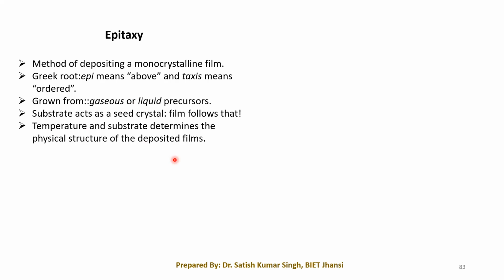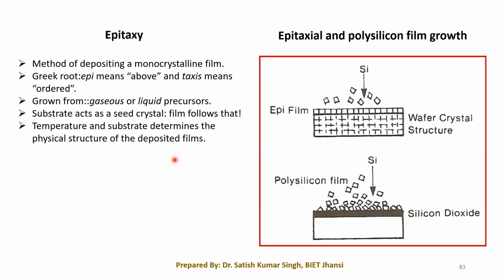Sometimes the wafers or substrates that we get are not so pure, and that's why we need a very pure layer in which we want to make our circuits or devices.